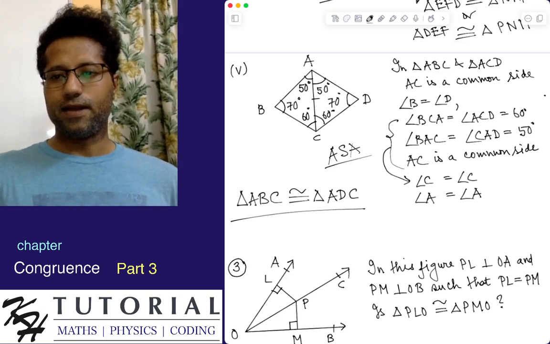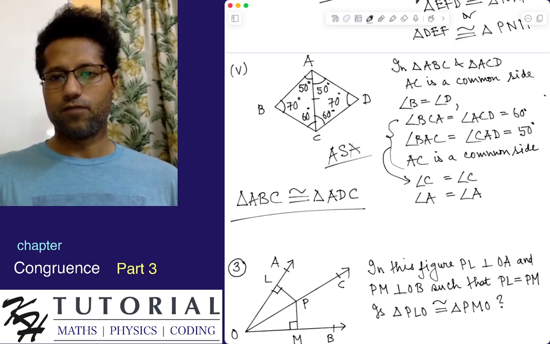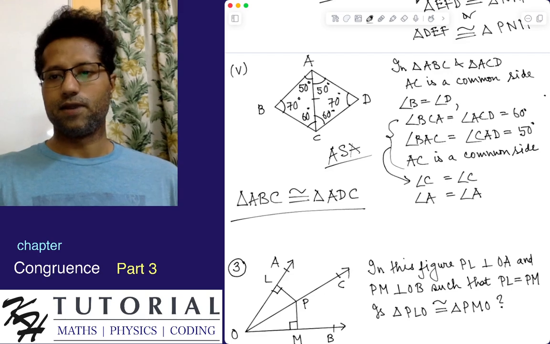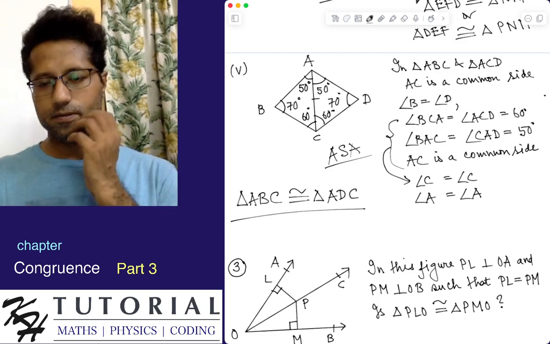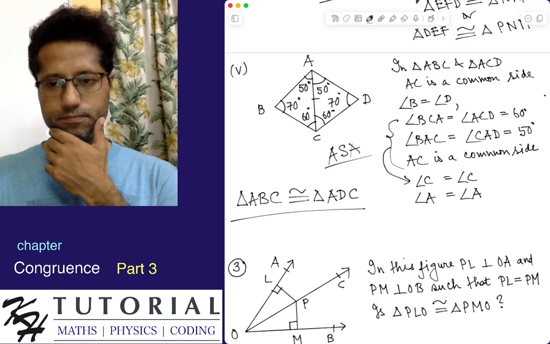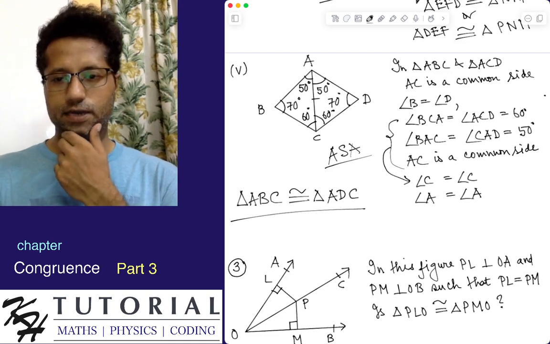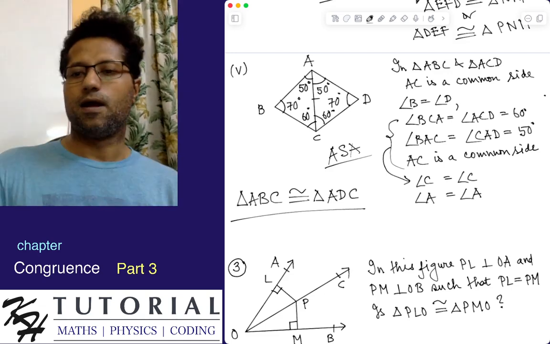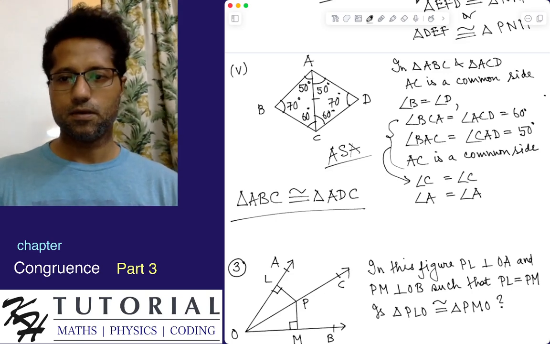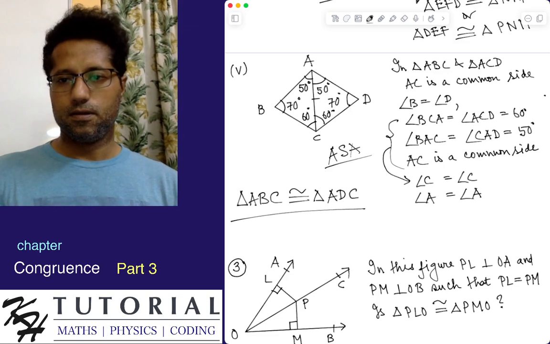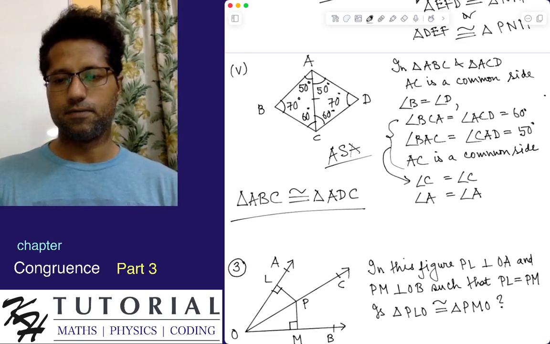Now, this left hand angle C is basically the angle from the triangle ABC, and the right hand side angle C is the angle from the triangle ACD. Similarly, the angle A to the left hand side is from the triangle ABC, and the angle A to the right hand side is from the triangle ACD. Even though it looks very weird, this is how it is.